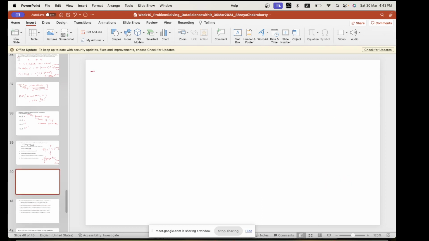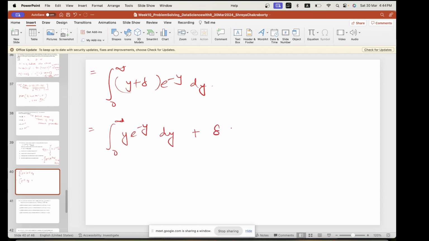So then we have to solve the integral from 0 to infinity of (y plus delta) e to the power minus y dy. So this is the integral of y e to the power minus y dy plus delta times the integral of e to the power minus y dy.